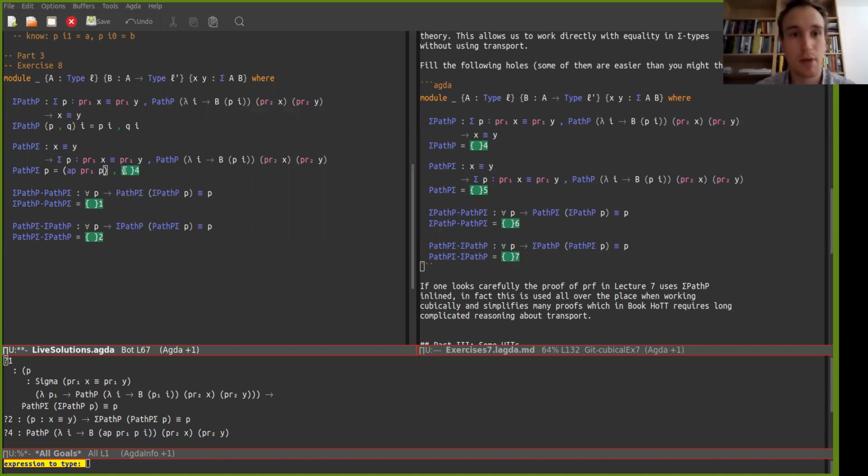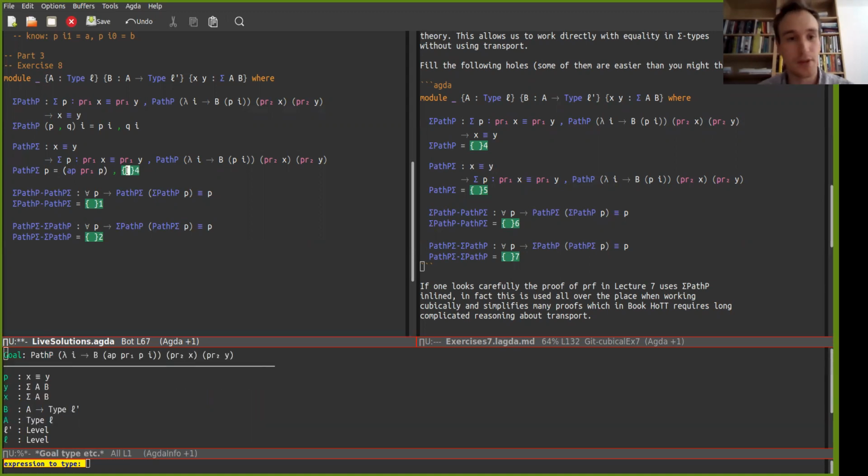Maybe wait, I'm going to do something different, and then we're going to compare. So now we have to give a path p. And yeah, exactly, we could use fd here that we constructed earlier.